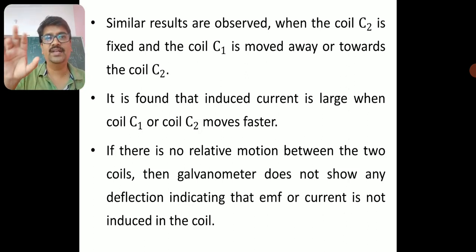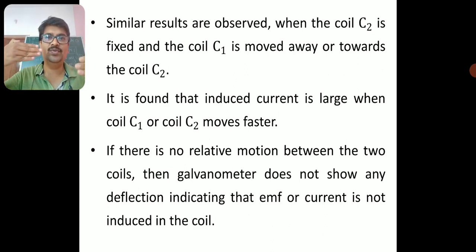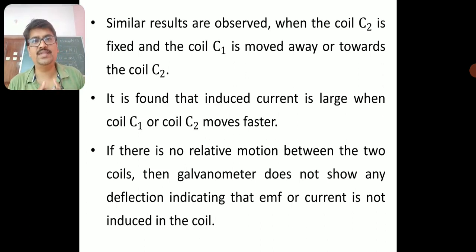So current is produced even if you move C2 or even if you move C1. One thing we can observe is that the induced current is large when coil C1 or coil C2 moves faster. If your movement is faster, you can expect more current to be induced.